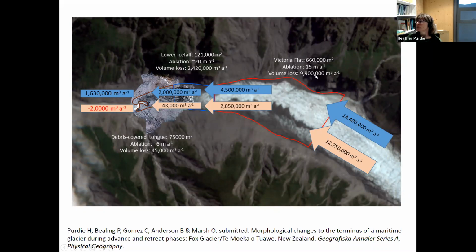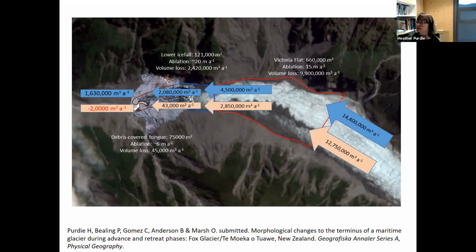Utilizing previously measured ablation rates, we can do an estimate, looking at the surface area of each of those segments, what the annual ablation rate is, and then do some simple back of the envelope calculations to see how much ice mass we've got.